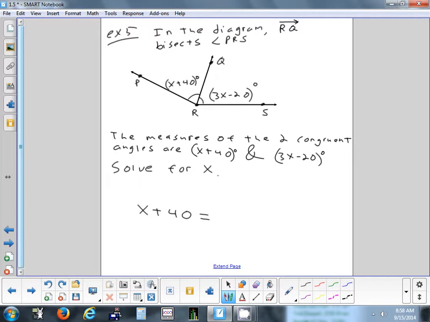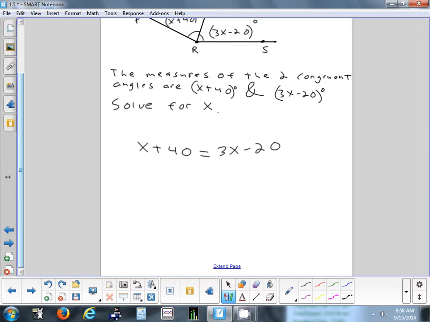Well, it's given: 3x minus 20. So this is our first angle on the left, and we have our second angle on the right, and we know that the measurements of the two angles are equal. So we've got to find a number for x that when we plug it in on the left, and then plug it in on the right, we get the exact same answer.